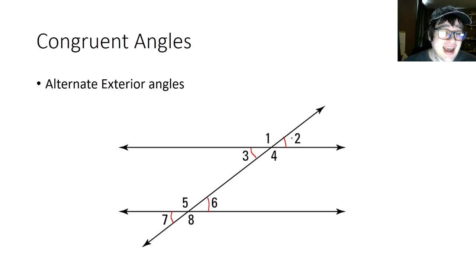We have alternate exterior here, which means that 7 is congruent to angle 2. Same with 8 and 1.